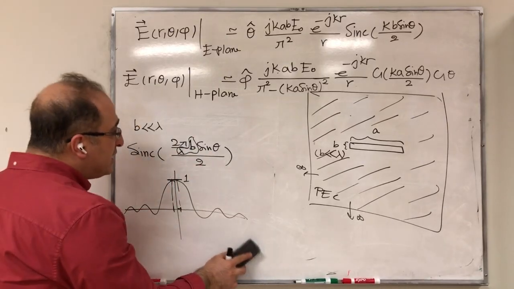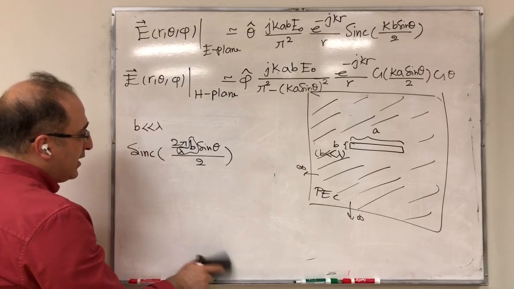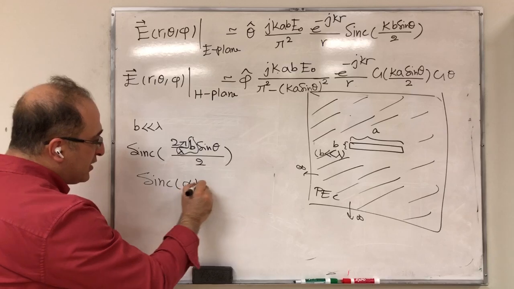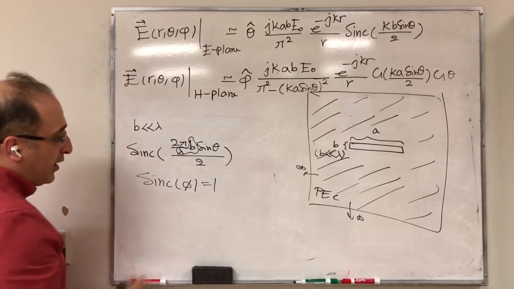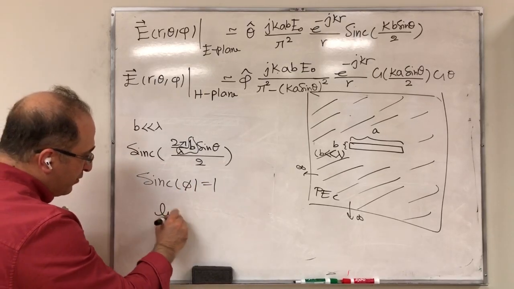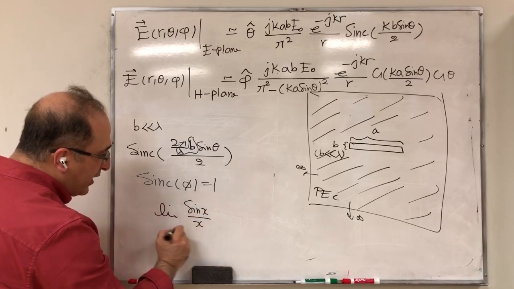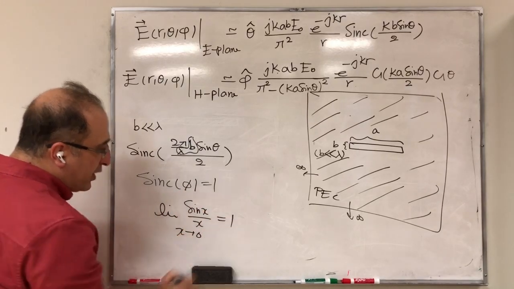To just emphasize that, remember, sinc of 0 is 1. If I want to be more mathematical, remember, sinc is sine of x divided by x. If x goes to 0, this is 1.